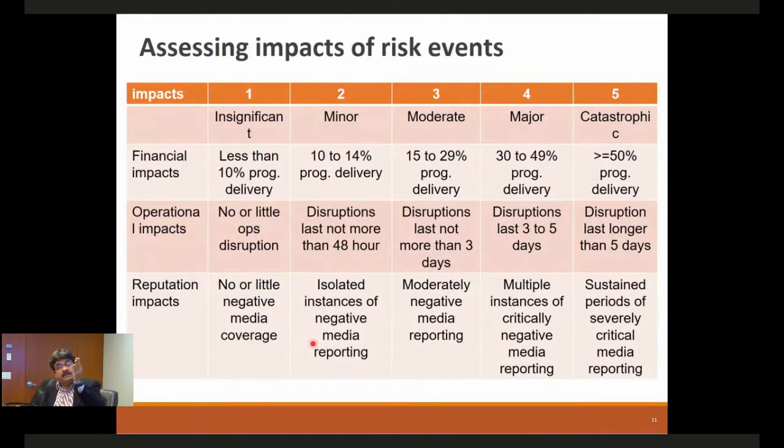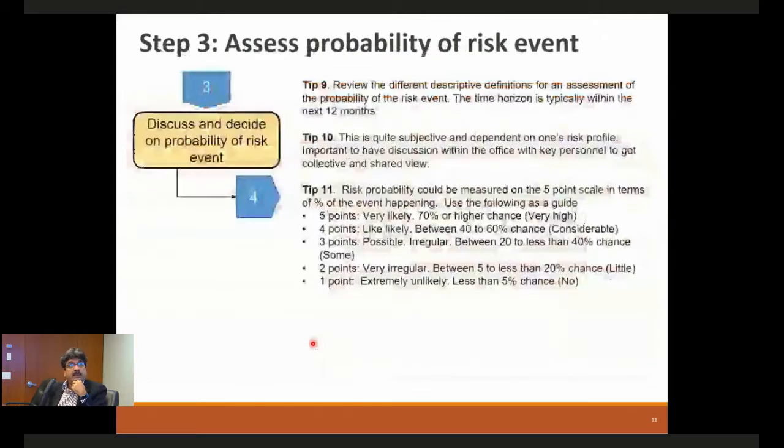And on that basis, we have given some guidelines which we haven't changed since last year, in terms of what impact will be insignificant or rating 1, and what impact will be catastrophic or rating 5. And these are some examples, kind of food for thought, for different types of impact: financial, operational, and reputational.